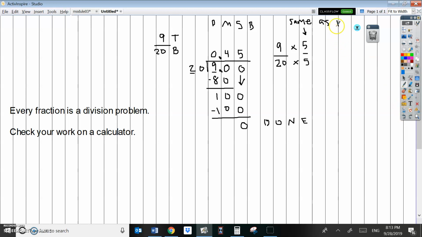And 9 times 5 equals 45 over 100, which is the same as this. 45 over 100 is the same as 45 hundredths. Same thing. Okay?